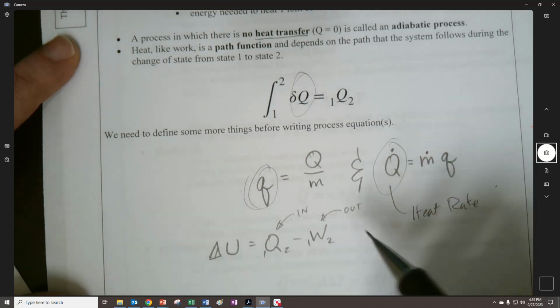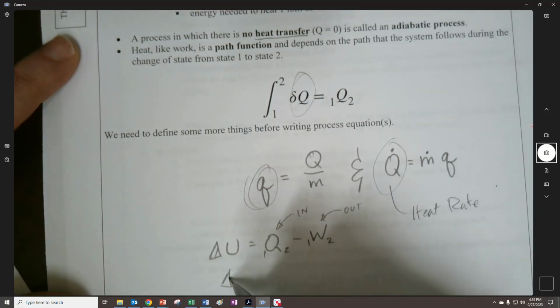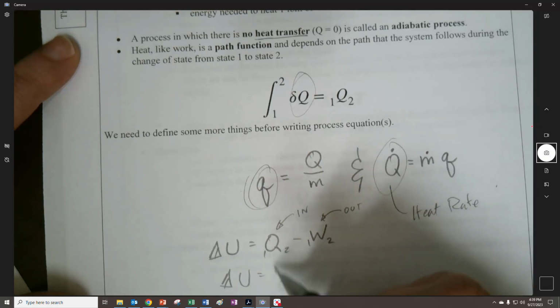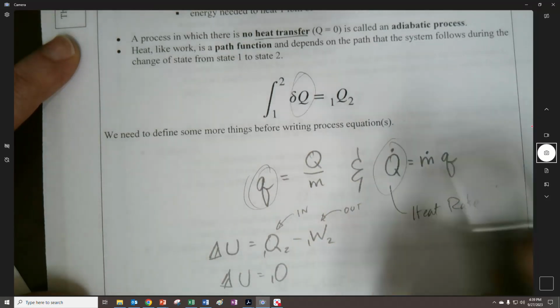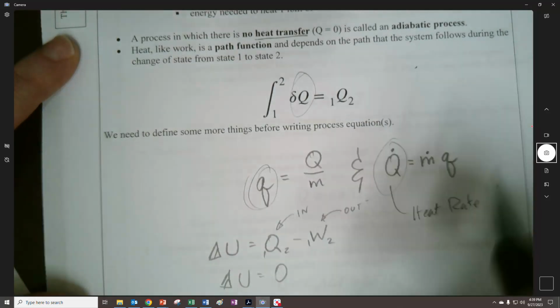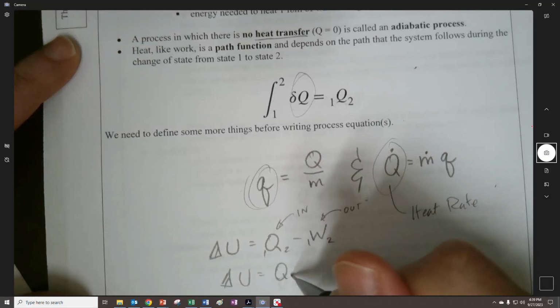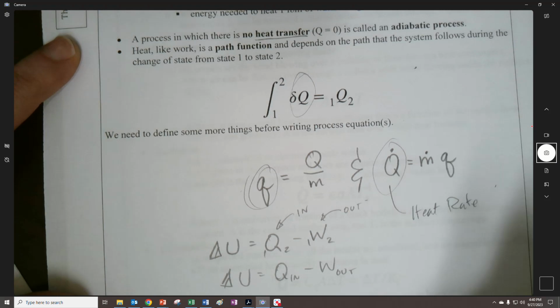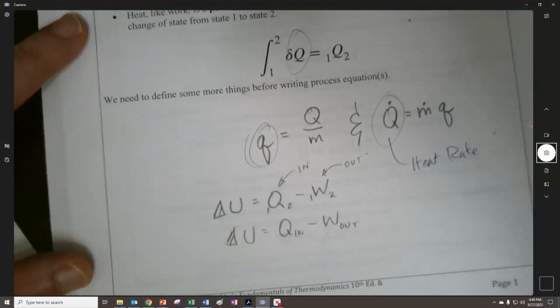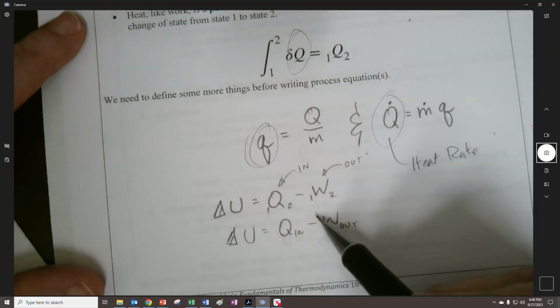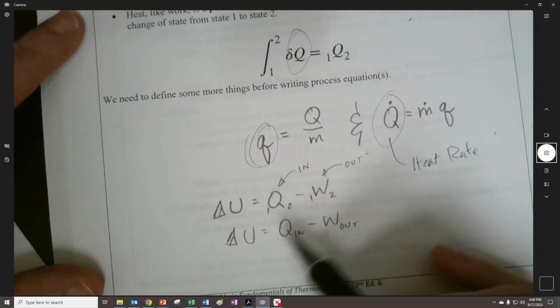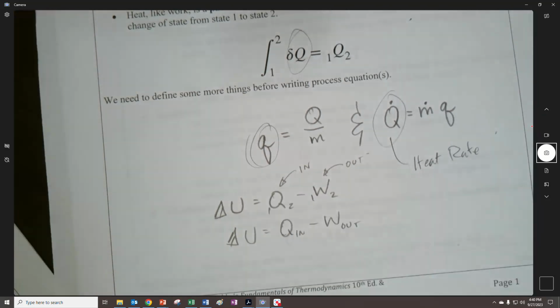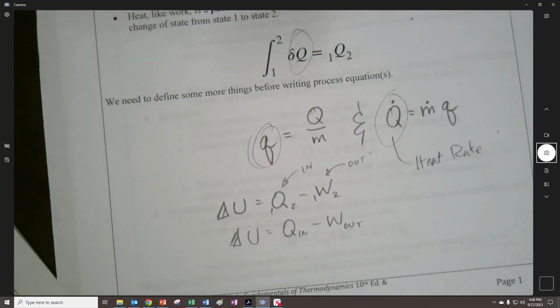So by the way, some books will write it out this way, which is maybe a little easier to keep track of the thing. I'm not doing the 1 to 2. I'm just going to go from in. We'll go Q in minus work out. And this convention with this negative sign, you can imagine, is often what a heat engine is, like the Stirling engine that I used on my coffee cup, if you recall, right?